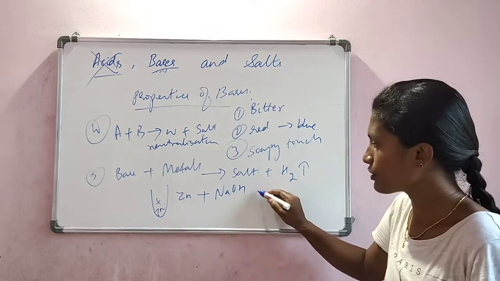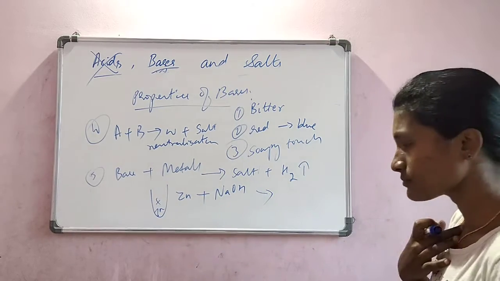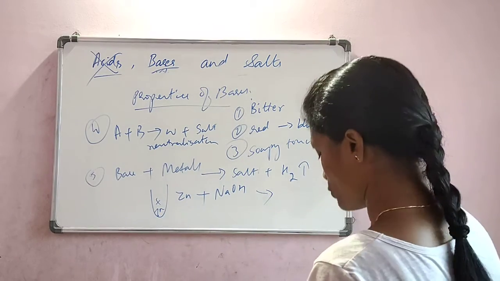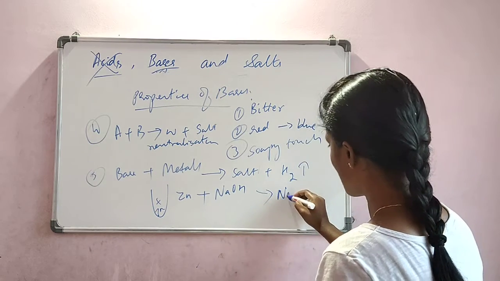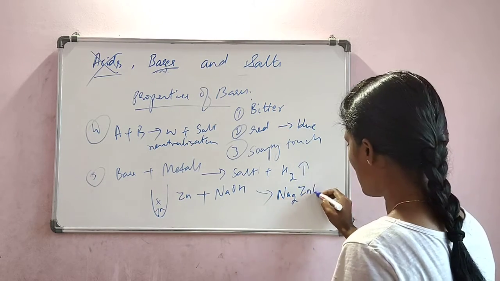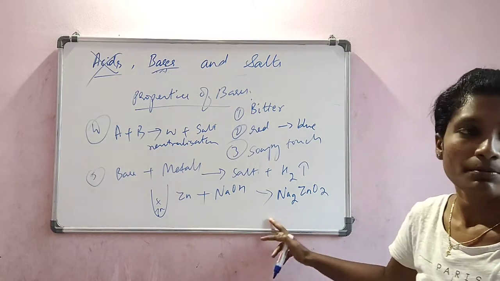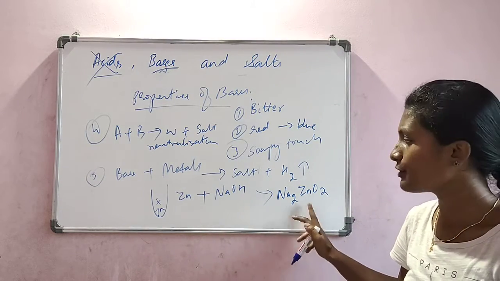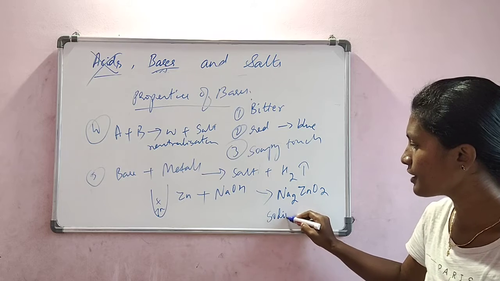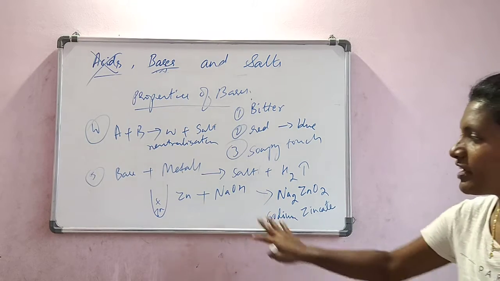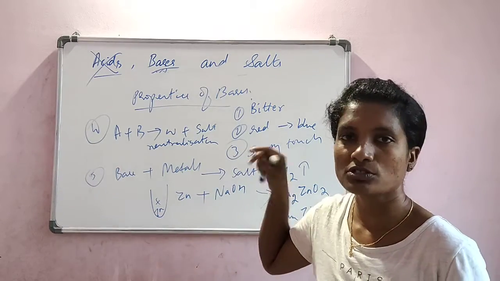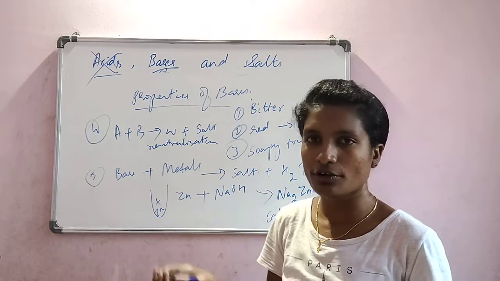So what can we expect here? We expect sodium zincate, Na2ZnO2. Please make a mark. You are coming across a new compound. So far, whatever compounds we used were familiar to us.